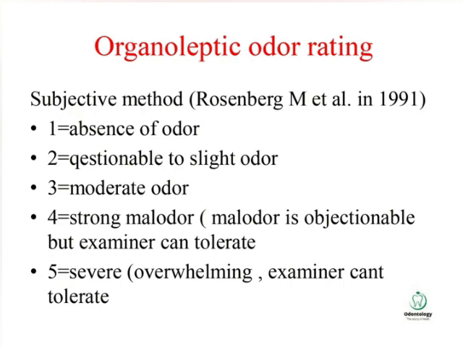This is the gold standard method for rating the oral malodor. If he gives 1, it means absence of odor; 2, questionable to slight odor present; 3 indicates moderate odor; 4 indicates strong malodor but the examiner can tolerate it; 5 is severe, overwhelming, the examiner can't even tolerate the halitosis.